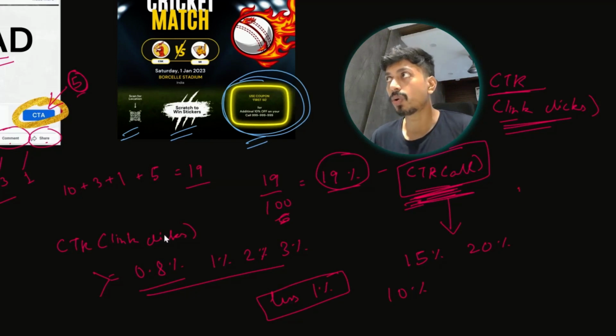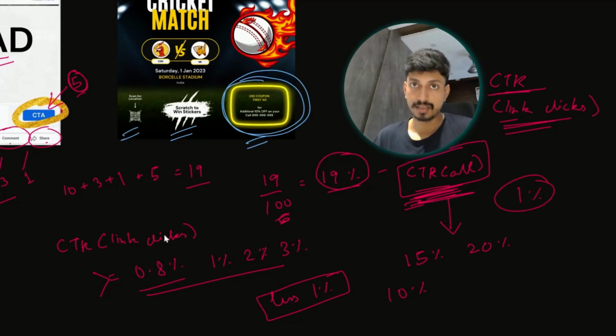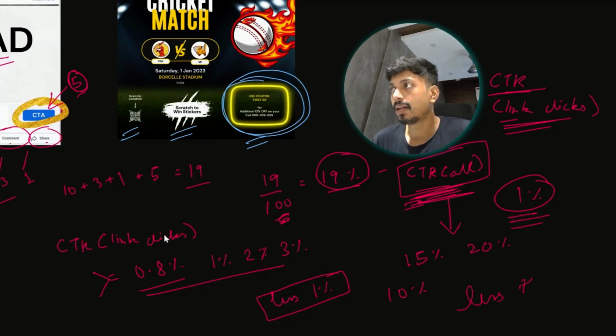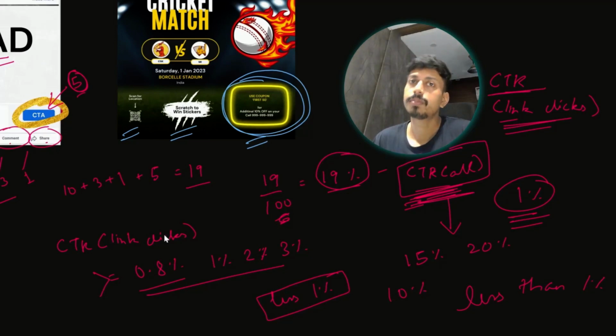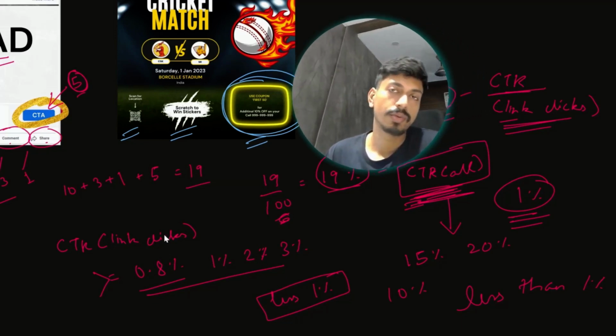This CTR for all should always be greater than 1%. If your ad campaign has run for a week, there is an amount spent, and your CTR for all is less than 1%, that means you have to do something with your Facebook ads. Maybe change your images, maybe change the video or whatever. You need to change it, otherwise it is going to die soon.